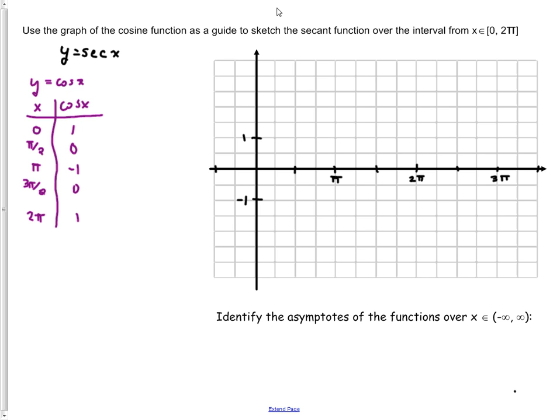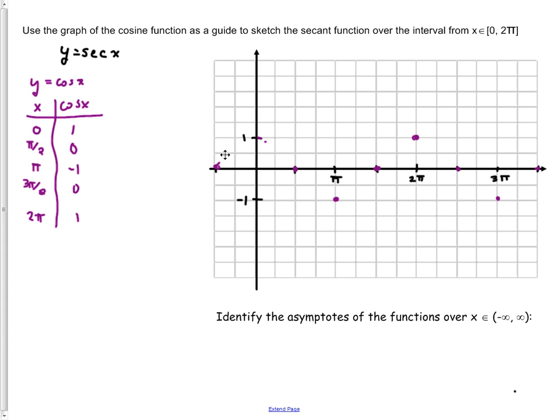Our cosine function over the interval from 0 to 2 pi starts at 1, gives us 0 at pi over 2, negative 1 at pi, 0 at 3 pi over 2, and then we go back to 1 at 2 pi. If we continue this pattern, we'd get negative 1 at 3 pi, 0 in between each of these key points, and back to 0 over here at negative pi over 2.